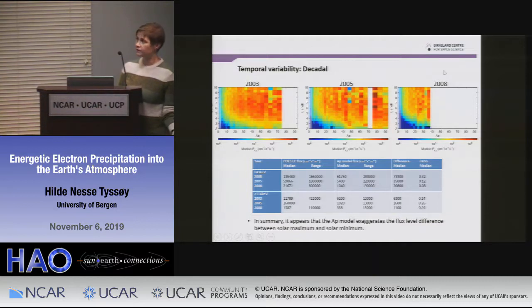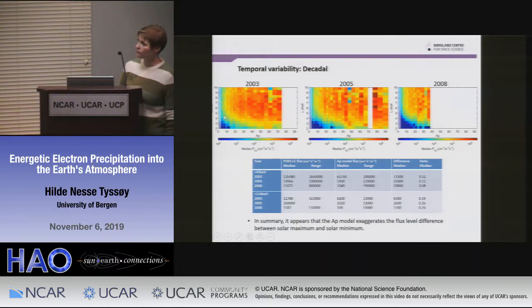The most striking difference is that you don't have fluxes for high AP values during solar minimum, because it's solar minimum. But generally, it's not a very striking difference between these, looking at the full year.